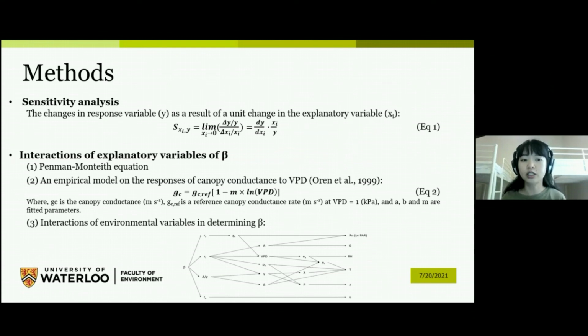So from this tree diagram, you can see that both the biophysical factor, which is denoted as the surface resistance, Rs, and the rest of the terms, which is the meteorological factors, are overall affected by the net radiation, the ground heat fluxes, the relative humidity, temperature, elevation, and wind speed.